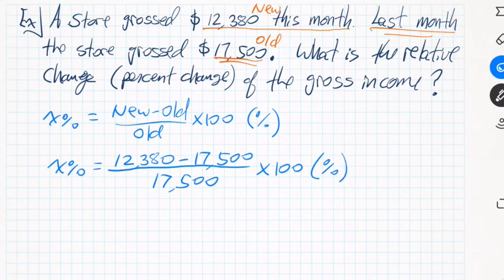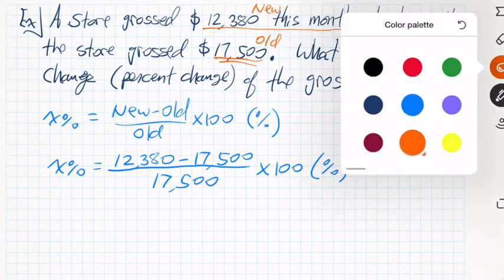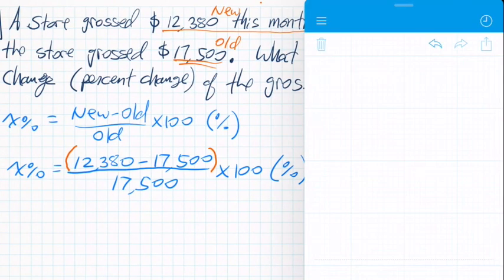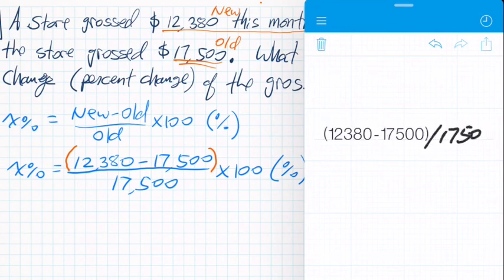All right, so remember, on a calculator, you have to be really careful. It needs parentheses around the numerator, before the 12,380 and after the 17,500. Okay, so this becomes parentheses 12,380 minus 17,500, divided by 17,500, and then we're going to multiply that by 100.